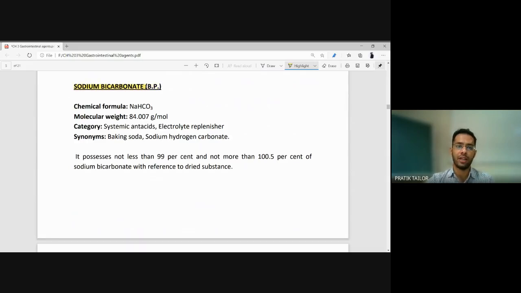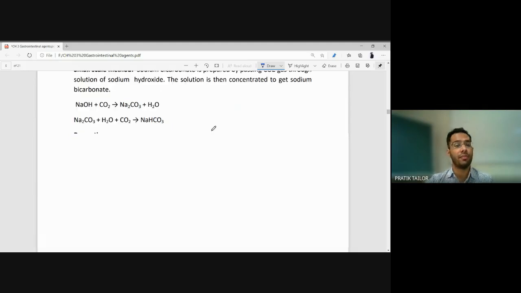sodium bicarbonate. As you know, this is a systemic antacid. Commonly we know this compound as baking soda. As per the standard, it should contain 99 to 100.5 percent of sodium bicarbonate.